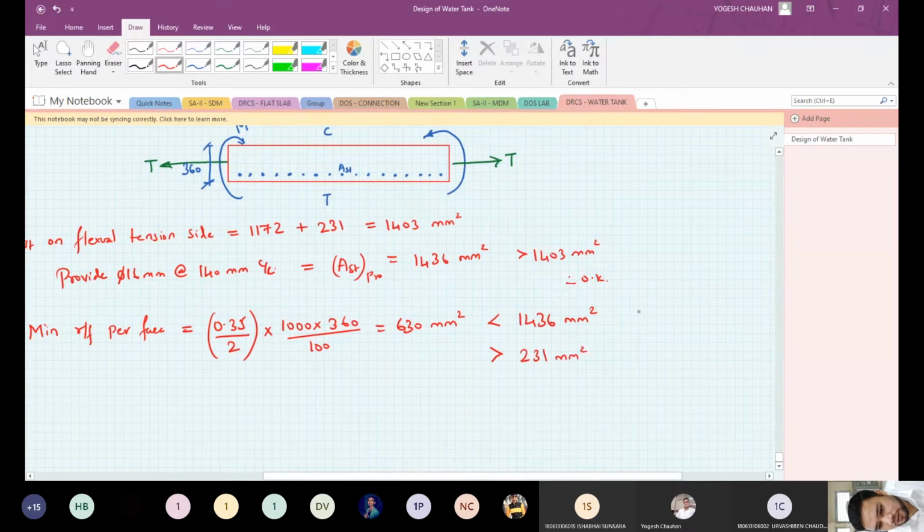This is on the tension face. This amount of steel is provided on the tension face, and this is required on the compression face. If you remember, this amount of steel is to be provided on the compression face.